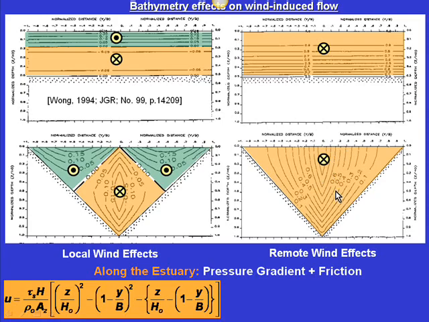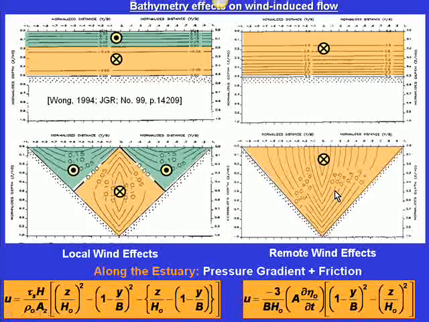So the solution for that is given by that expression, and again it's obtained from relatively simple dynamics, and the flow is proportional to the change of sea surface elevation with time. So that's what the remote effect is. This d-eta/dt.